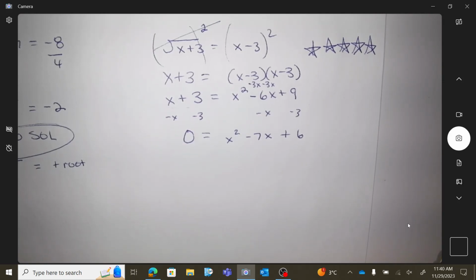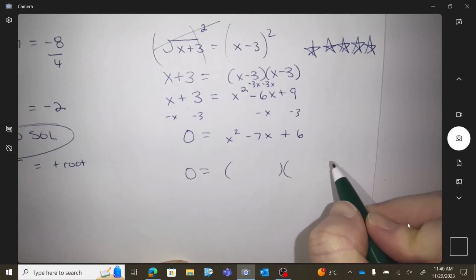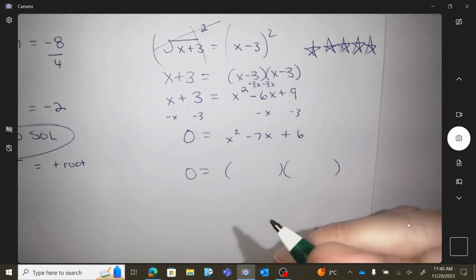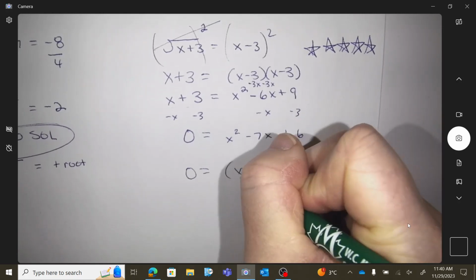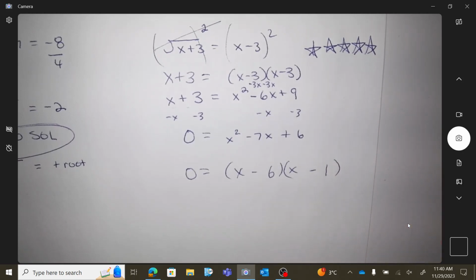Okay, does this look familiar? Is it one of the factorable strategies you've learned? Okay, it's a simple trinomial, so xx, what multiplies to 6 gets you a 7.